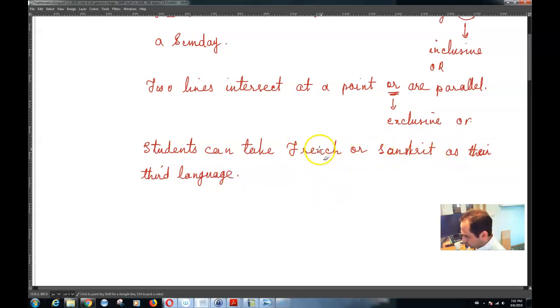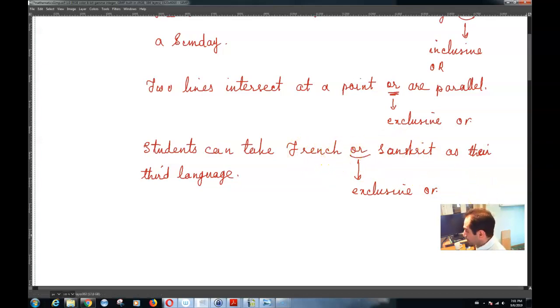So here, let's say that the rules are the student can take French or Sanskrit, but he's not supposed to take both of them, or he's not even allowed to take both of them. He can choose either French or Sanskrit. So then you can say that this OR is an exclusive OR, meaning that both of these cannot happen at the same time.